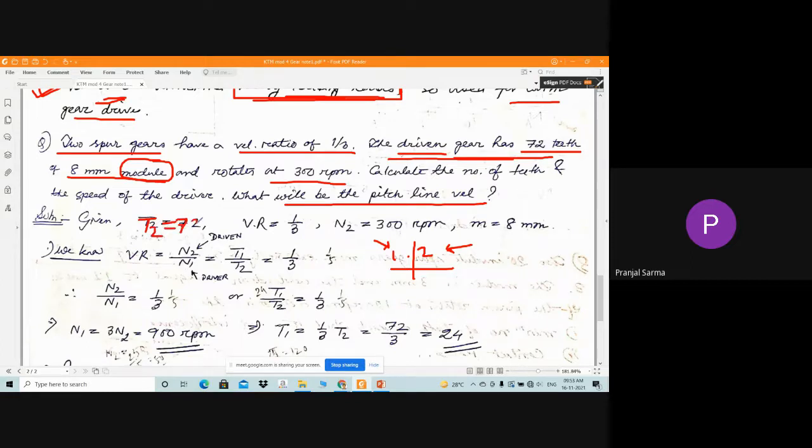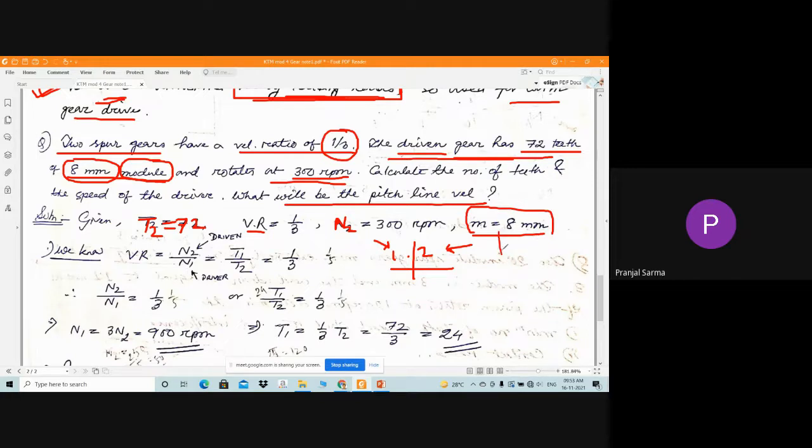The velocity ratio is also given as 1 by 3, where VR stands for velocity ratio. Then the driven gear is rotating at 300 rpm, so N2 is given as 300 rpm, and the module of the gear is given as 8 mm. Small m stands for module, so m is equal to 8 mm.